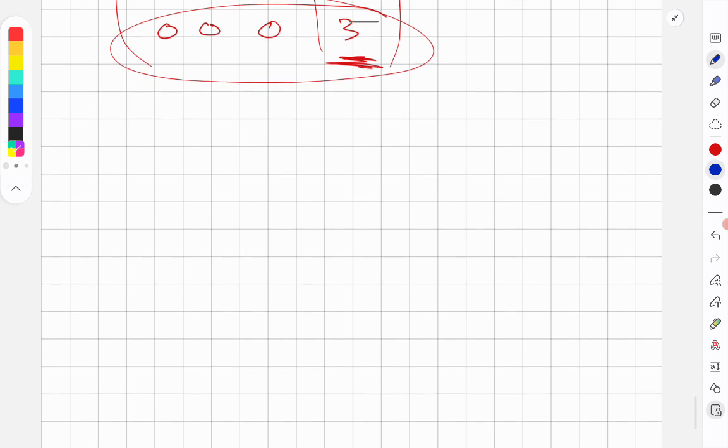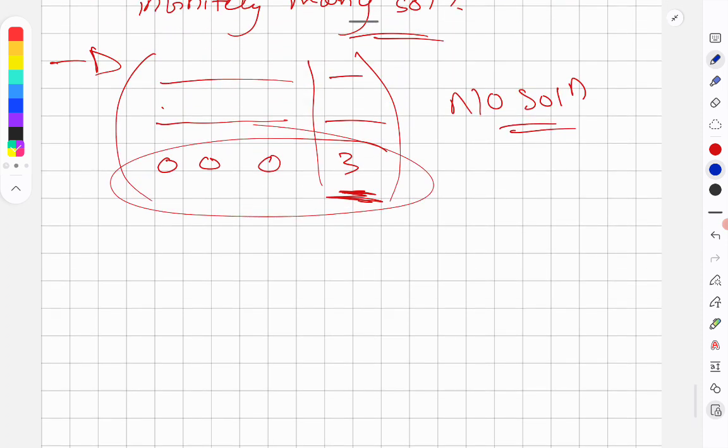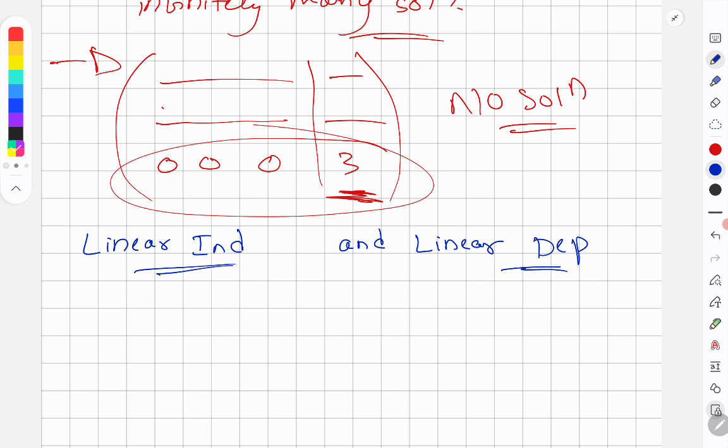One more popular topic: linear independent and linear dependent. What do you mean by this? Just from the terminology, what is the definition of linear independent?